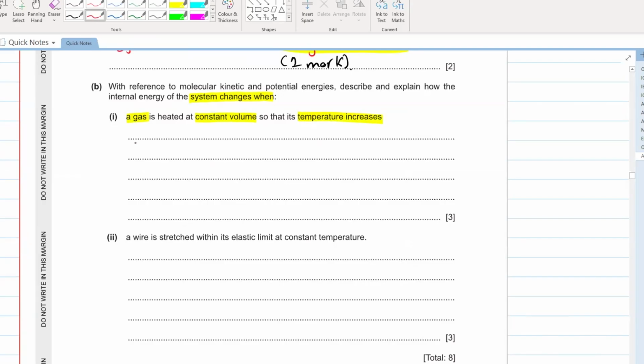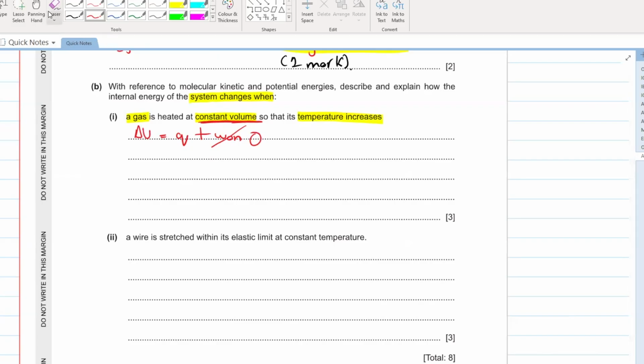Beta, what knowledge do you have of internal energy? We studied a formula for internal energy. What was that formula? Internal energy change is equal to Q plus work done on the gas. If your volume isn't changing, if your volume is constant, your work done on the gas will be zero.